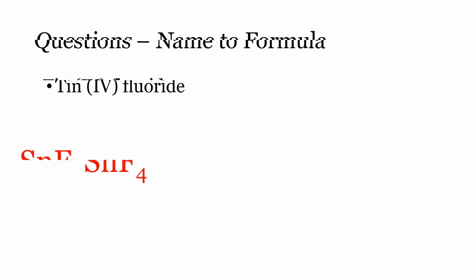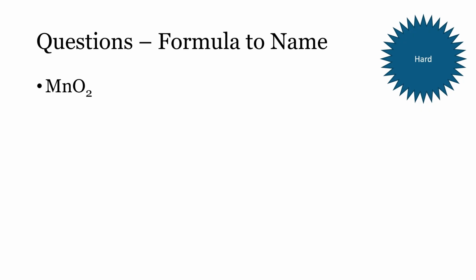Let's go ahead and take a look at going the opposite direction. So we are going to have MnO2. Now, this example is a little bit more difficult because of the Roman numerals. Whenever we're going from the formula to the name, we need to uncross our subscripts.